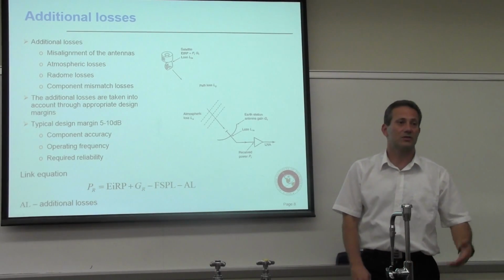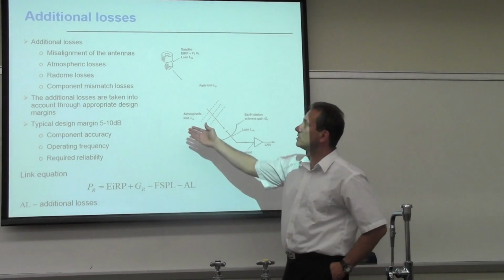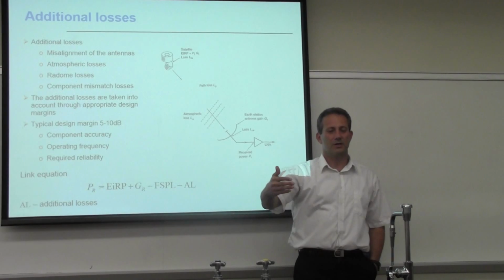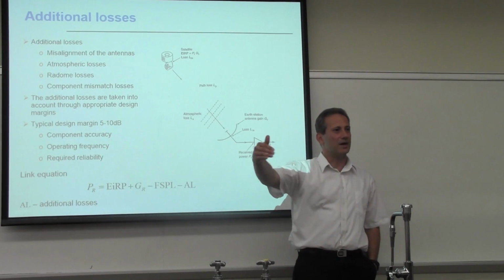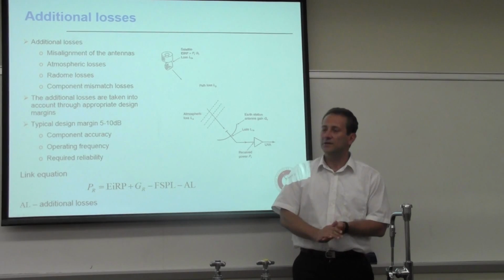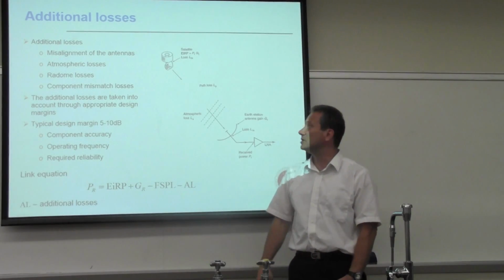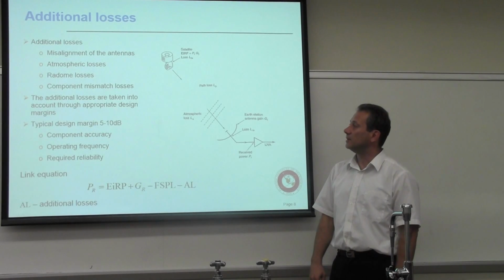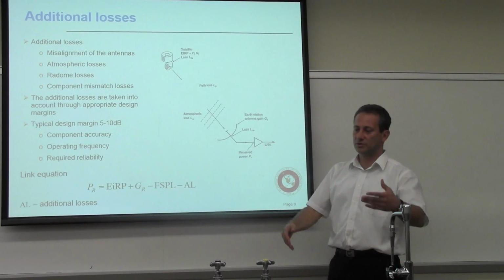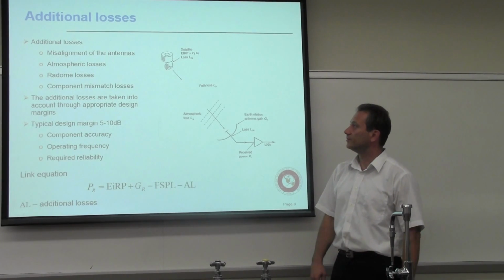And there are some losses associated with that radome. Then there are component mismatch losses. You've all studied microwave circuits, so you've seen that everything needs to match along the way, and even if it matches at some point, over time, due to component aging and other things, there may be some mismatch between the components, which introduces additional loss in the transmitter or receiver chain.